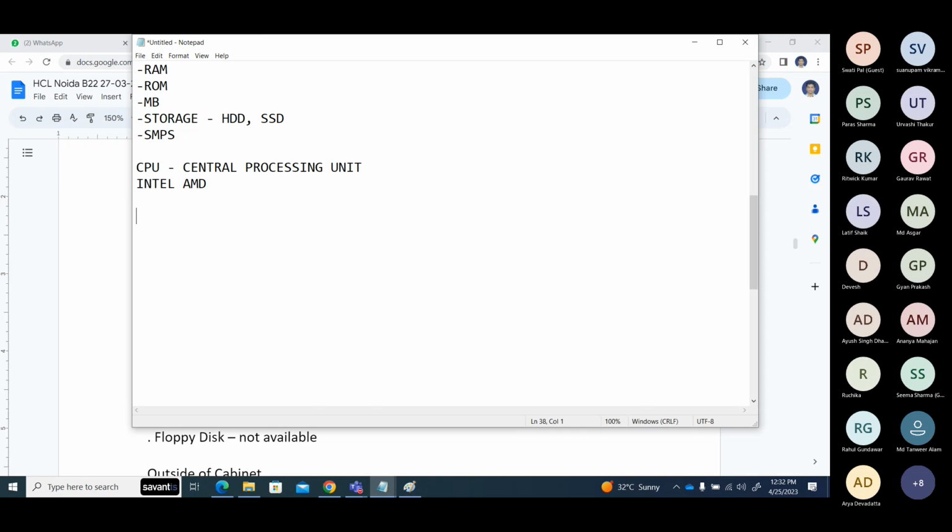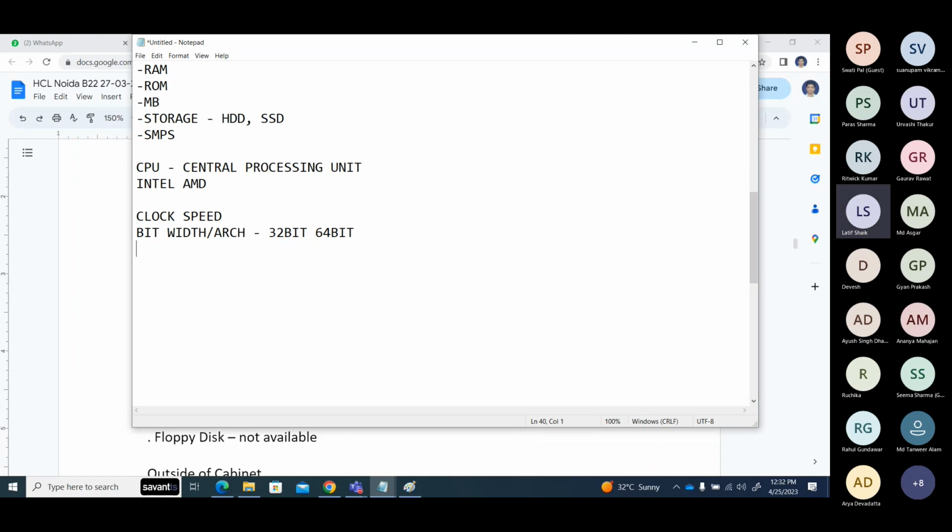The point is not only clock speed. Every processor has a clock speed, bit width or architecture, meaning 32-bit or 64-bit.